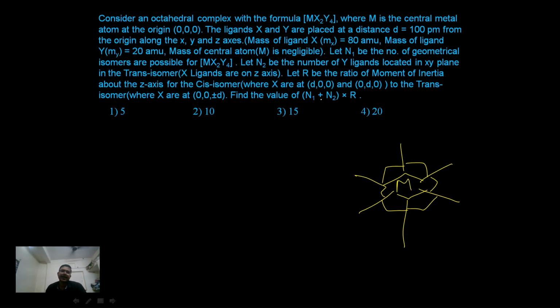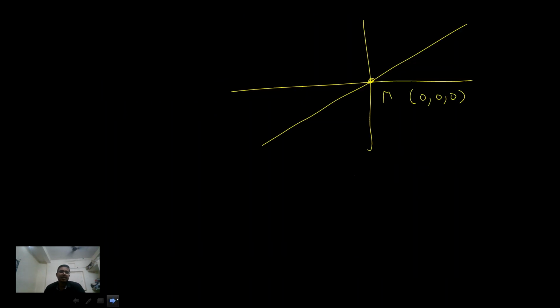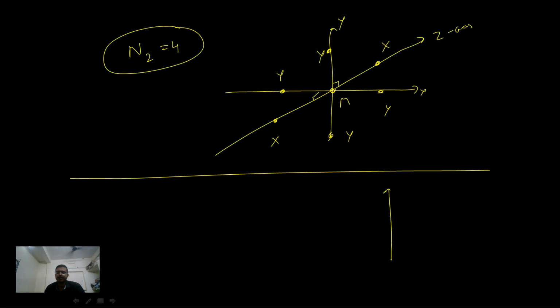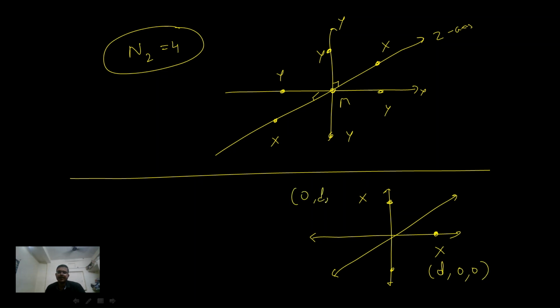Let's talk about now what they are saying. Let R be the ratio of moment of inertia about Z for the cis, where X is at (d,0,0) and (0,d,0). So here there are two X present at d00 and 0d0.